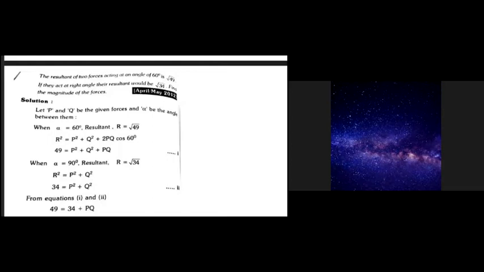In the second case, when the same forces P and Q act at right angle, that is, the angle between the forces alpha equals 90 degrees, then the resultant value equals under root 34. So when alpha is equal to 90, resultant R is equal to root 34.